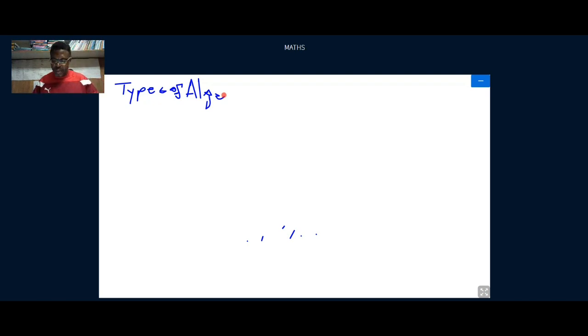My pen is not writing well. I don't know what's happening. Types of algebraic expressions.